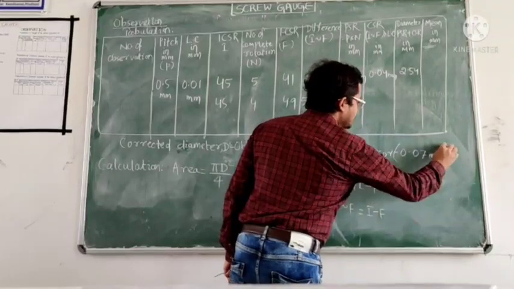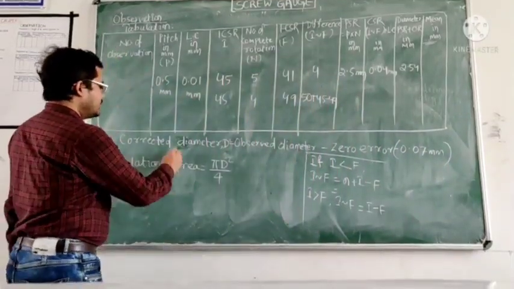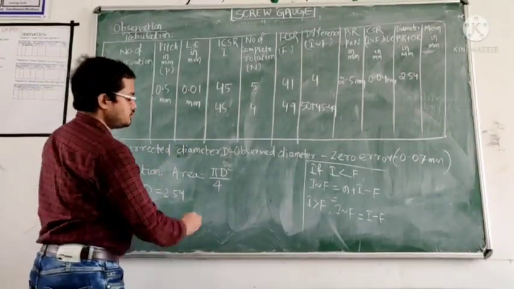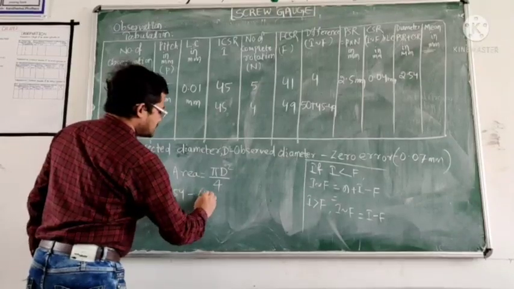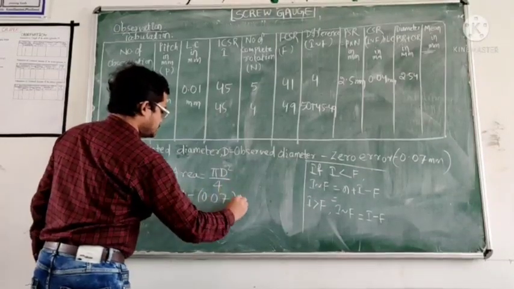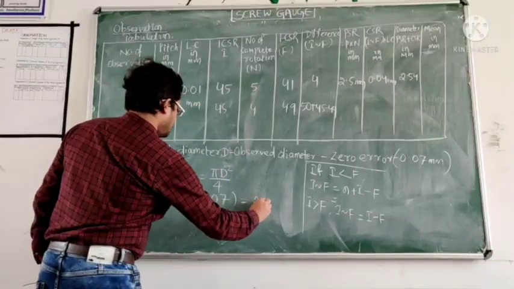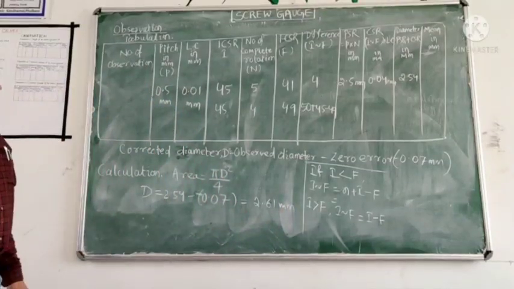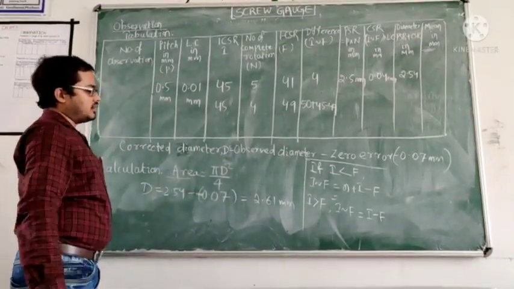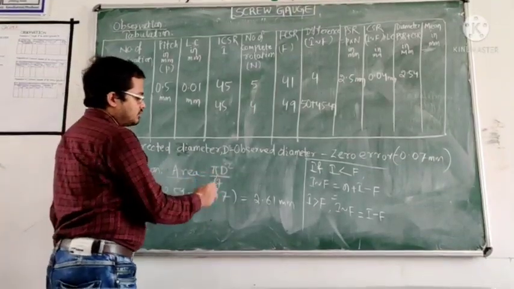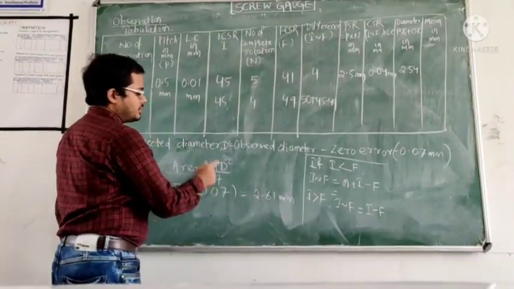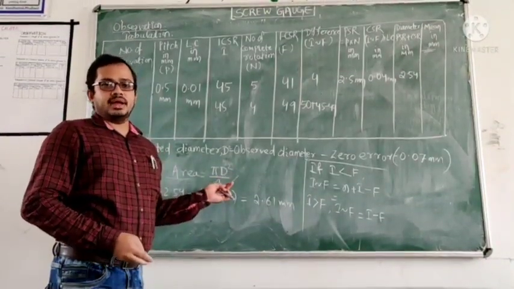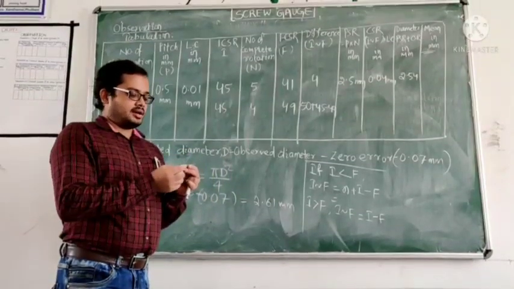It is in minus sign, so our D will be 2.54 minus of 0.07, which gives 2.61 millimeter. Then the cross-sectional area of this wire will be pi multiplied by d square, this value divided by 4. This is how we will calculate the cross-sectional area of this wire.